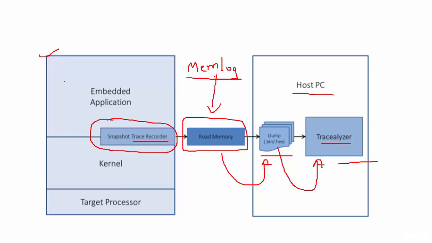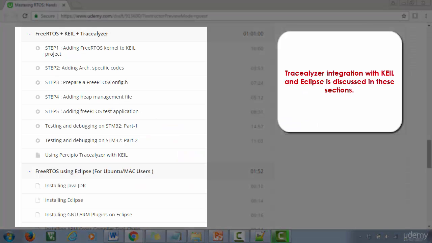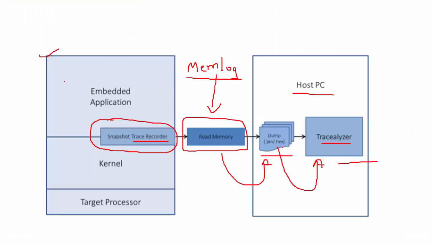Atmel Studio itself gives you a memory logger application. If you are using Eclipse or Keil, I have covered how you can dump the RAM contents into a file in those sections, so you can go there and check it out. The memory dumped file will be in hex format, and that will be given as the input to the Tracealyzer. All these things we'll see in the next lecture.